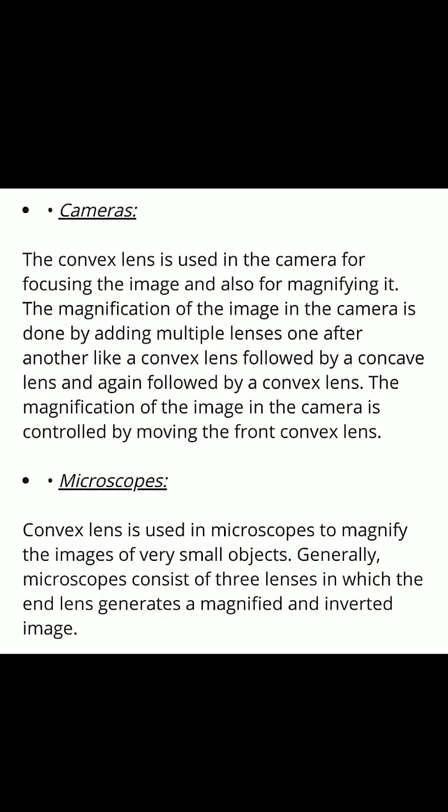So in a microscope, a convex lens is used to magnify the image of a very small object. Generally, a simple microscope mostly consists of three lenses. The lens at the end of the simple microscope produces an inverted and magnified image.